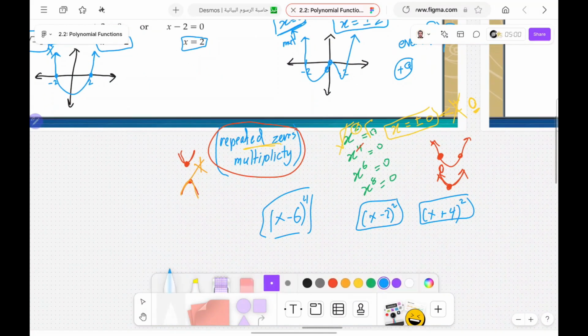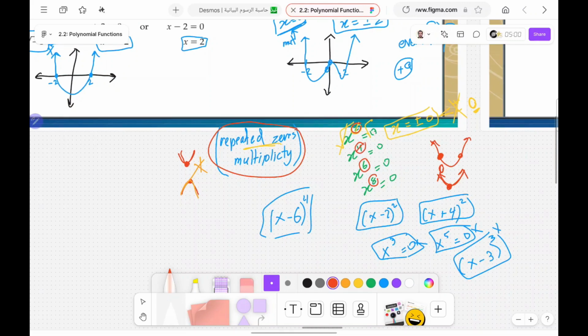But how about if x equals 0 to the power of 3, or x to the power of 5 equals 0, or let's say x minus 3 to the power of 3? Are any of these considered multiplicity? No, these are not. Multiplicity only occurs if the power is even. If the power is even, as you can see in these examples, these points will be your turning points.